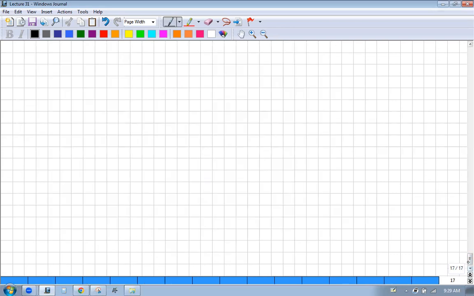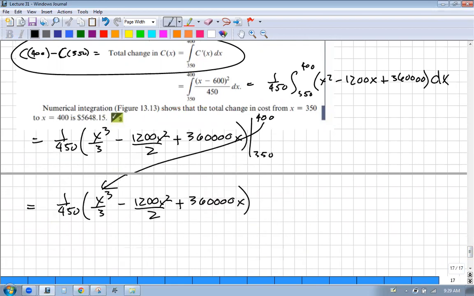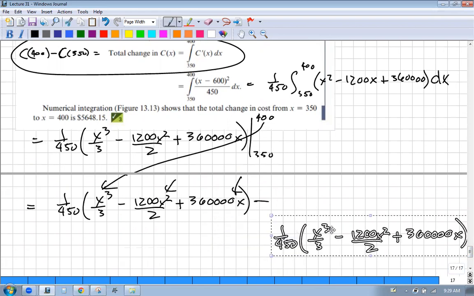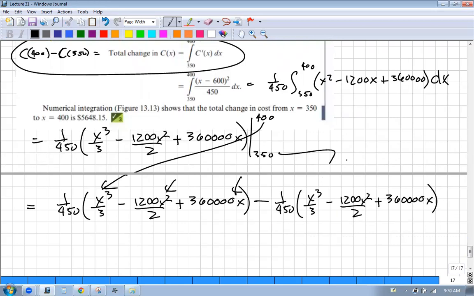So to do that, first replace x with 400. Subtract, and then replace x with 350. And you're going to get a number, and that's the answer. Are we good?